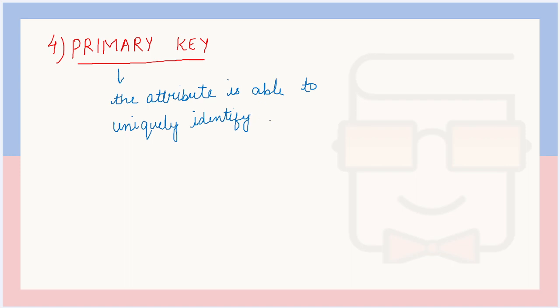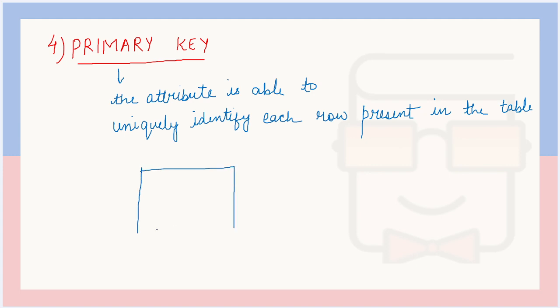So I'll just give you an example. We can uniquely identify each row present in the relation or in the table. Now again, if we are taking the example of a multinational company, and we are storing the details of the employees, right? There are multiple details that can be stored for each employee. Each row, the horizontal row, gives the details of one particular employee, and each column gives a particular kind of detail, like the employee name.